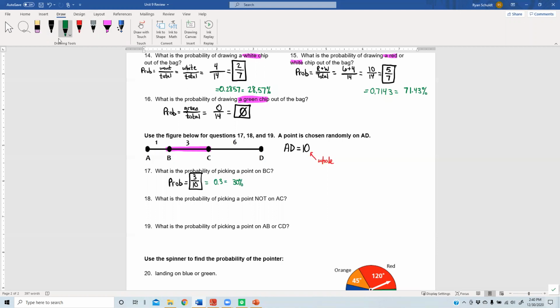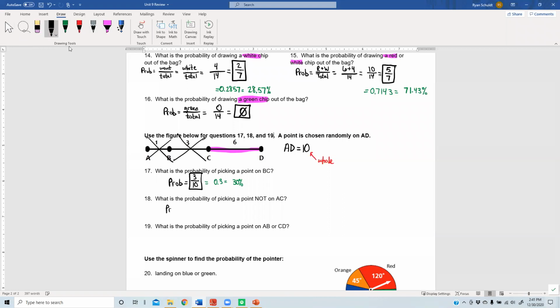So, okay, next one. What's the probability of picking a point not on AC? So we can't have that one. We can't have that one. The only thing we're allowed to have is CD. It's the only thing we're allowed to have.